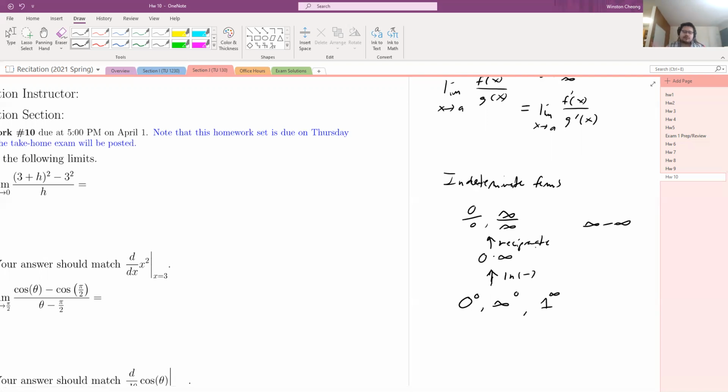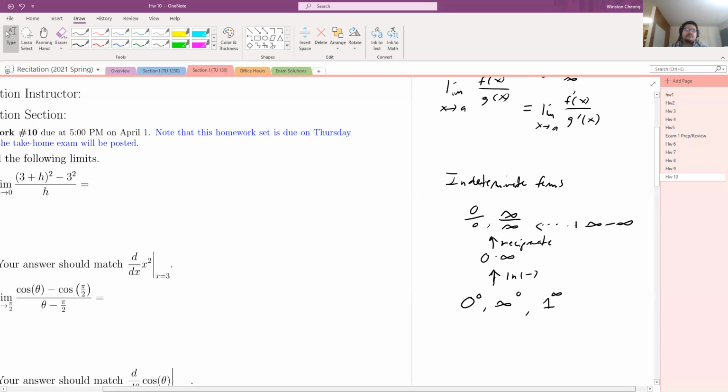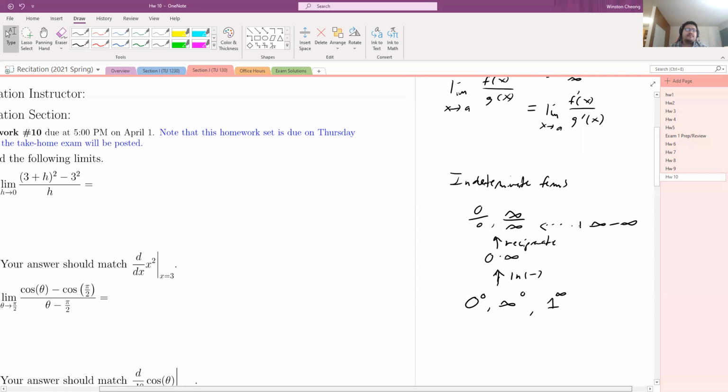What you would normally do is subtract the two, and in a way it directly goes to this, but it feels a bit different, so I don't really want to directly connect them. But these are all of the indeterminate forms, and we'll encounter, I think, all of these kinds in the problem set. Okay, any questions so far?